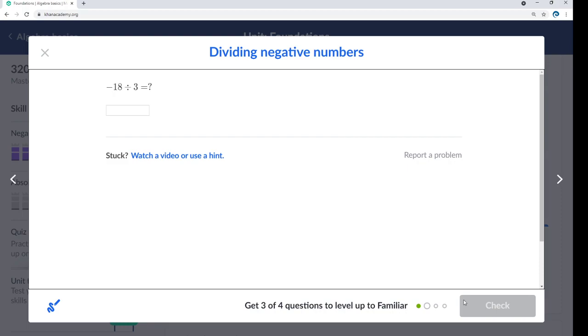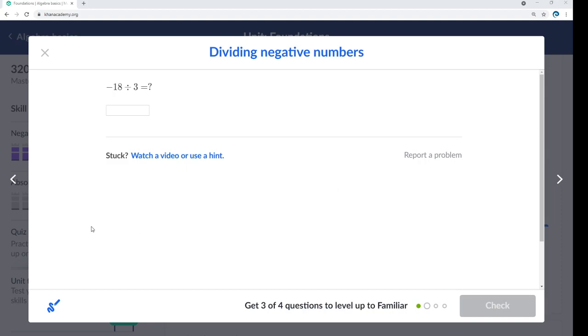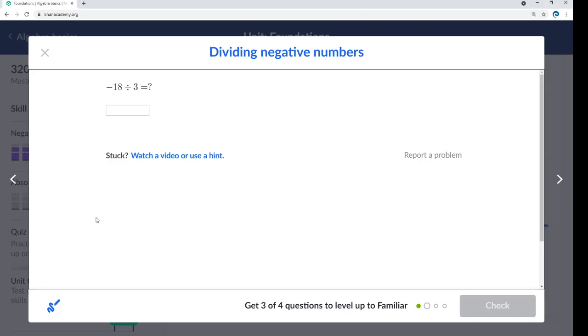What is 18 divided by 3? 3, 6. I can't do that in my head. I legit cannot. 18, I mean, that's okay. It's 9. 18 plus 18.